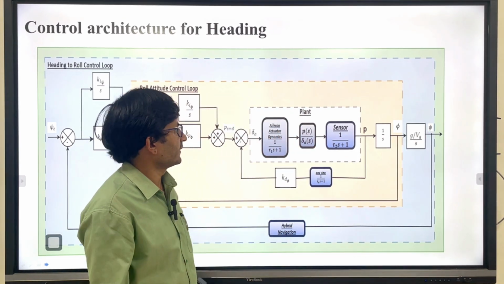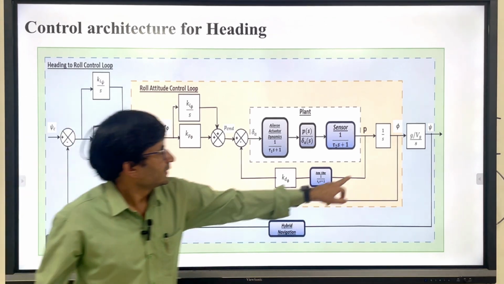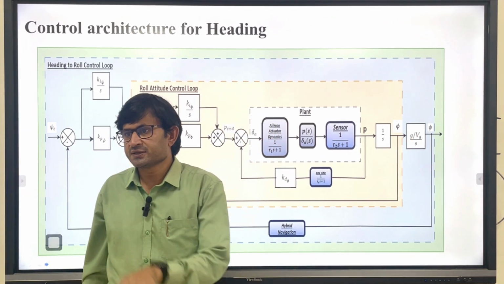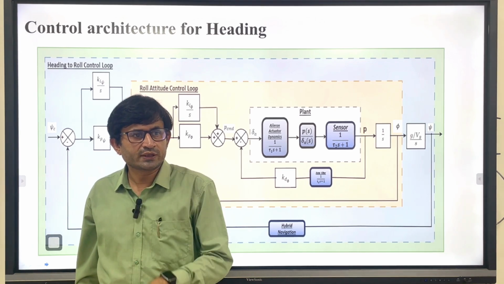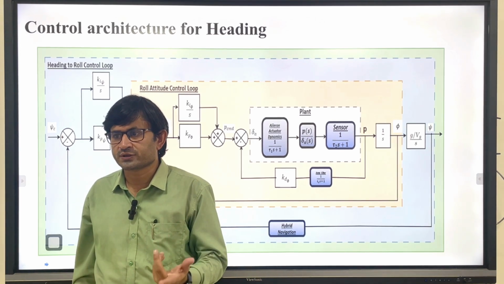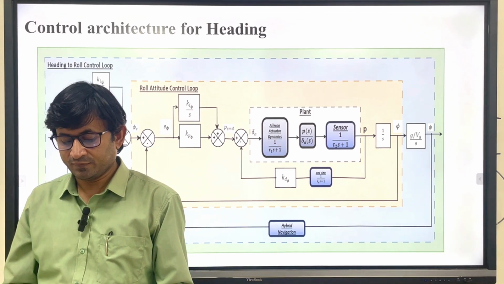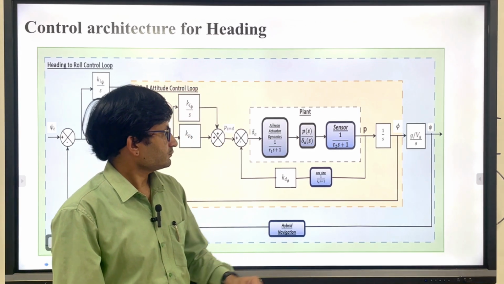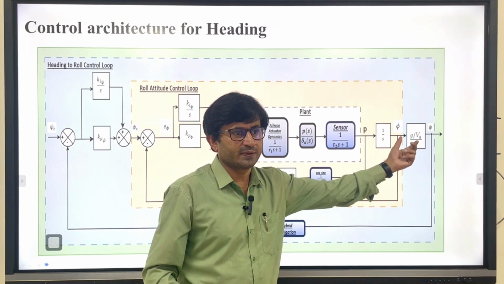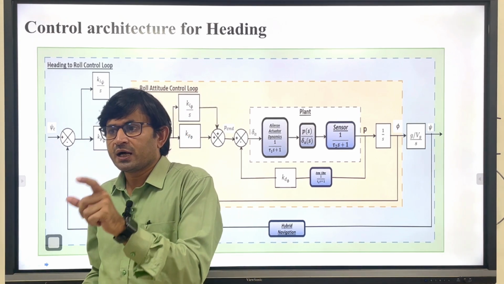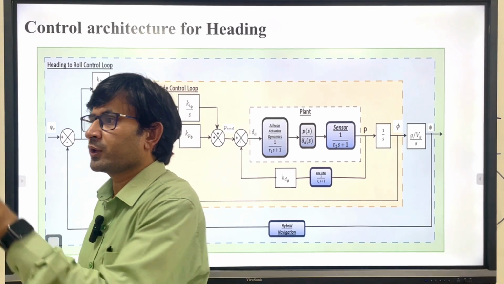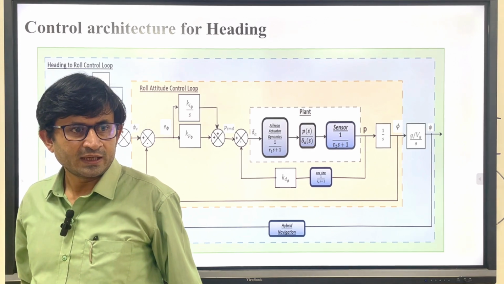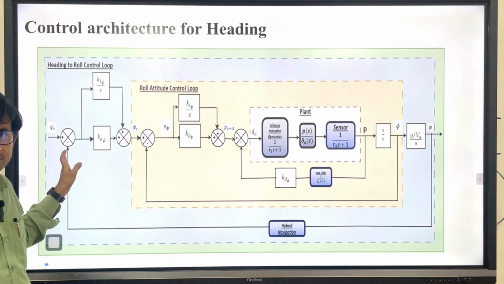And one more important part: I have written Vg here, which means ground speed. If you include the ground speed, that means you have to deal with the course angle. For example, when the wind is coming from a crosswind, a cross direction, you have to consider the ground speed. Why ground speed? Because ground speed decides where you are going, and it is a navigating element, psi.